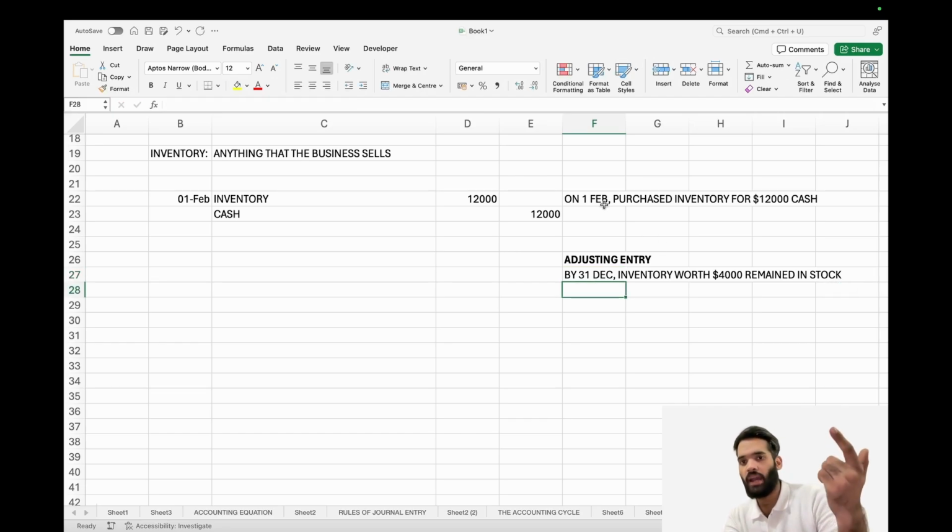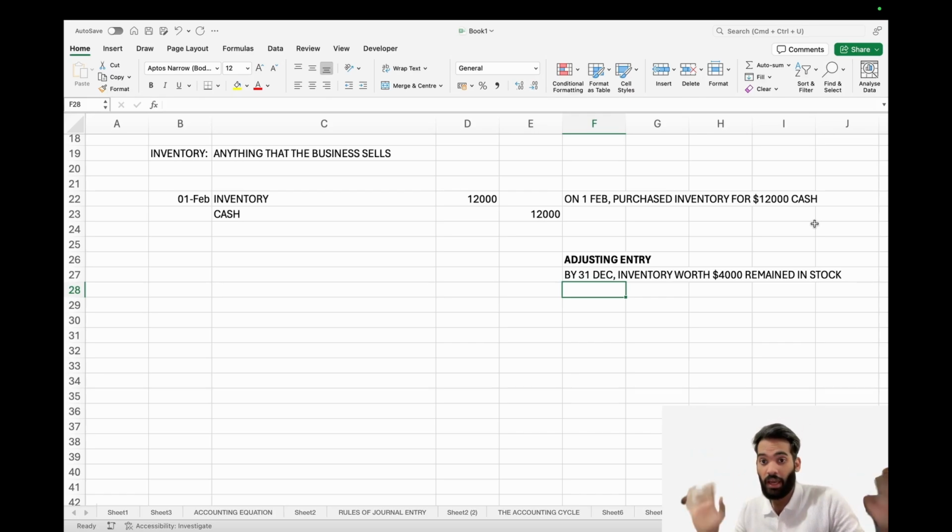So if you buy inventory worth 12,000, and inventory only worth 4,000 remained in stock, what happened? Obviously, we lost the other $8,000 value in our inventory. Assuming we did not sell any inventory, assuming that we just bought it, put it into our warehouse, and then at the end of the year we counted, and only 4,000 of it was remaining. So this is called inventory shrinkage.